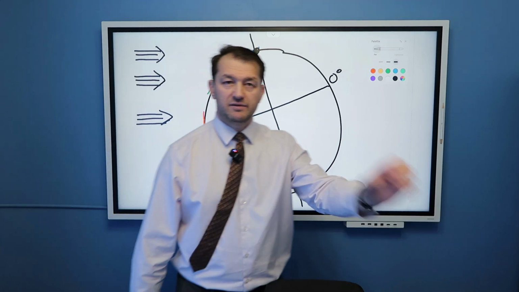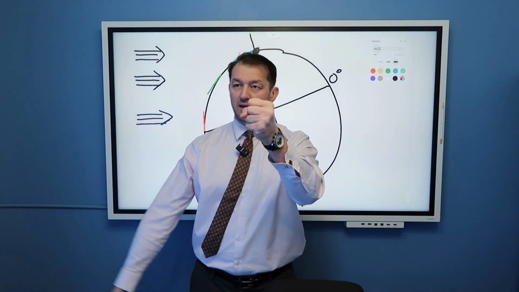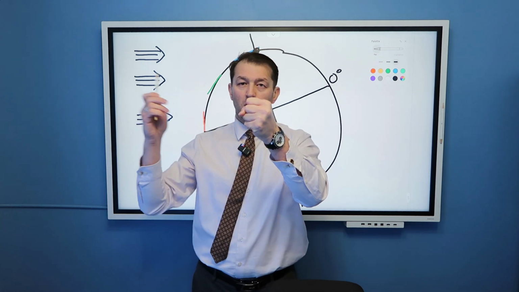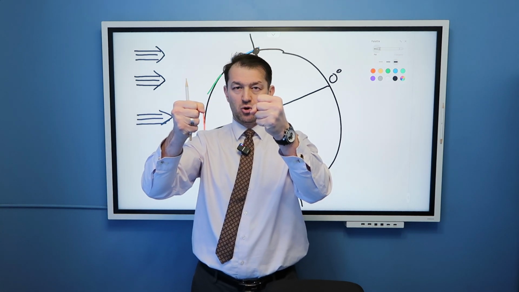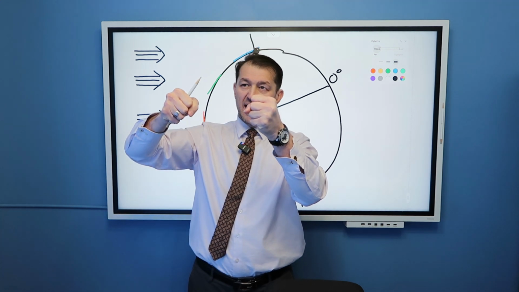In other words, if this is the sun and the Earth is revolving around the sun, it is not revolving with the axis like so. It is revolving with the axis tilted.